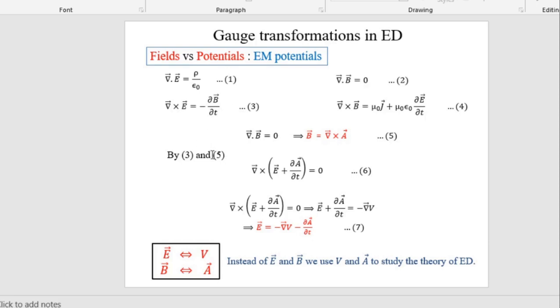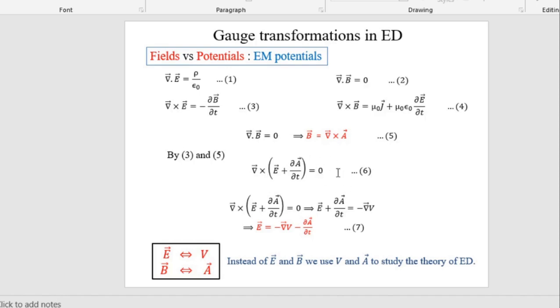Then we get the equation, curl of (E plus del A del t) is equal to 0. That means from equation 3 and equation 5 we can easily arrive at this equation.